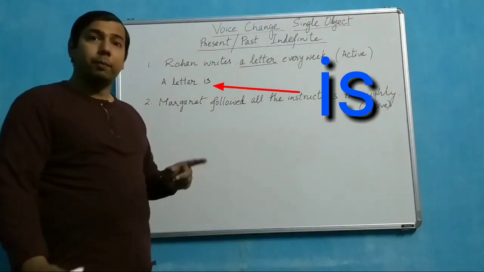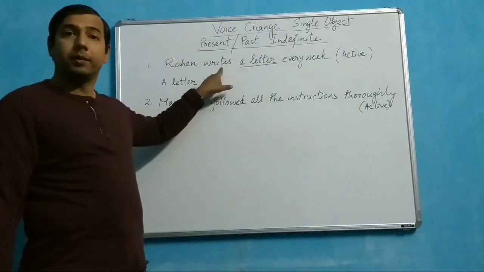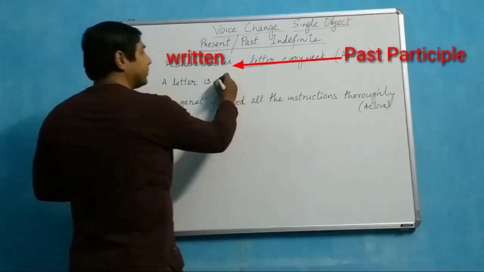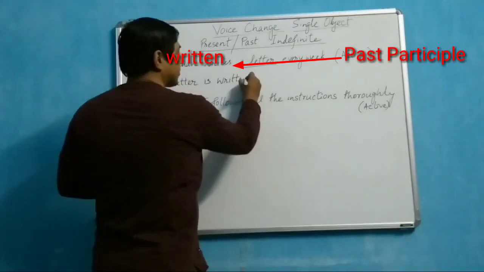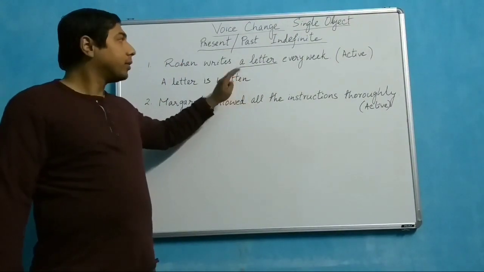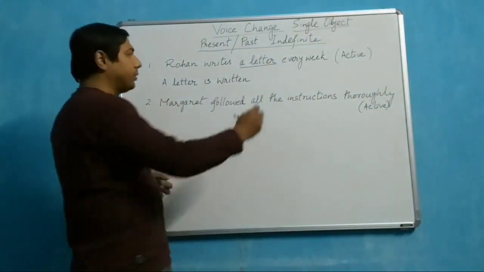Now, the past participle or the third form of the verb, that is written. A letter is written. Now, the complement or the last part.